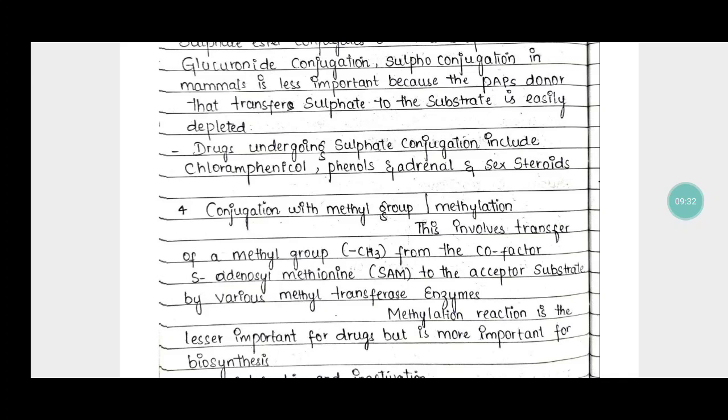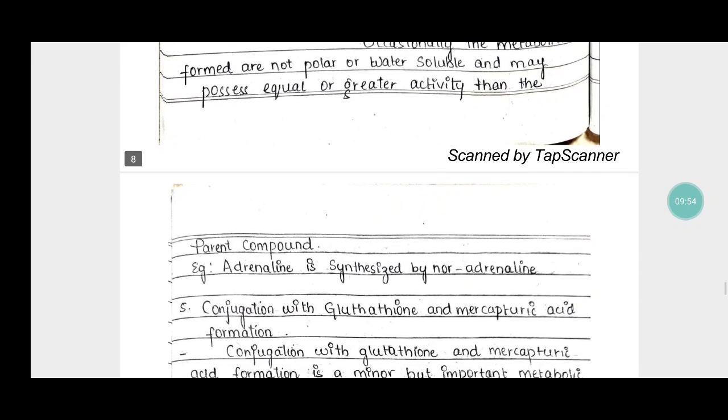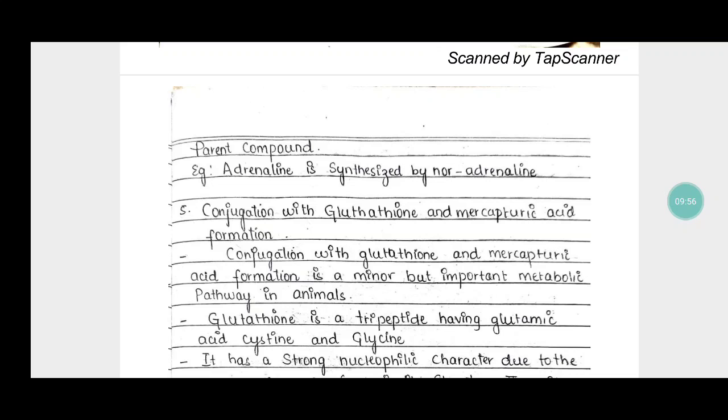So the methylation reaction is less important for drugs, but it is more important for biosynthesis. Example: adrenaline, and inactivation of histamine, an endogenous amine. Occasionally the metabolites formed are not polar or water soluble and may possess equal or greater activity than the parent compound. The example is adrenaline, which is synthesized from noradrenaline.